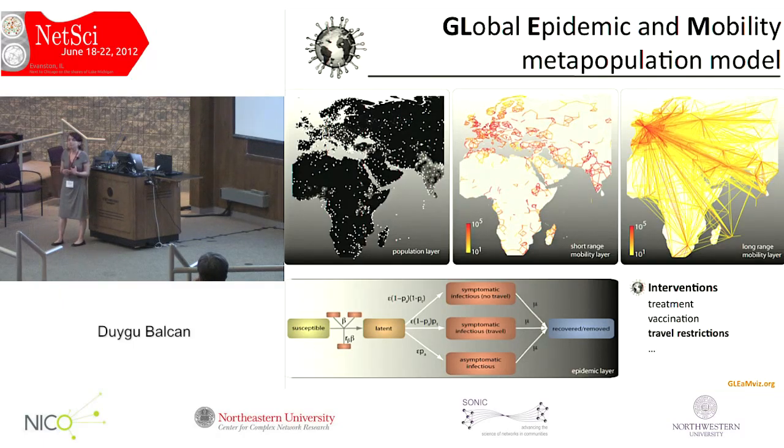In the third layer, we have a simple description of how the disease dynamics would work. This is an example for the baseline scenario that we use for influenza-like illnesses, in which we classify individuals with only a couple of attributes depending on their status with respect to the disease.